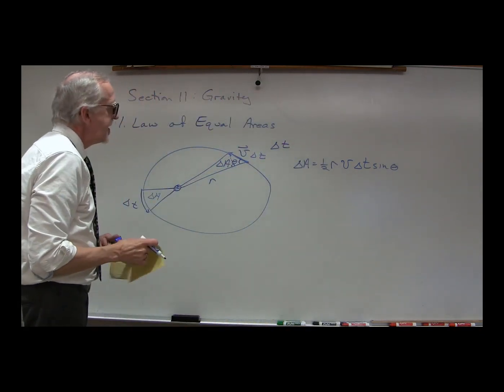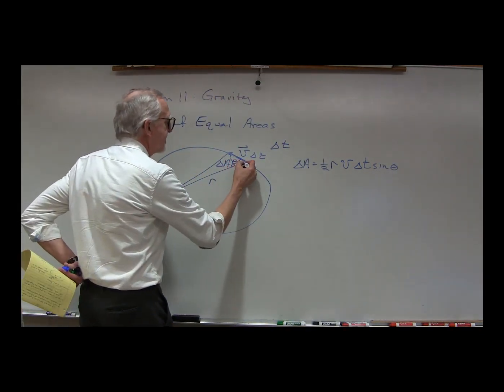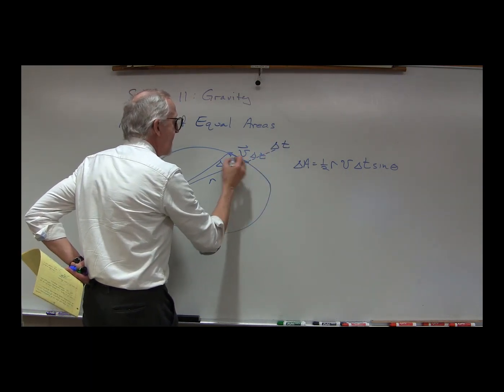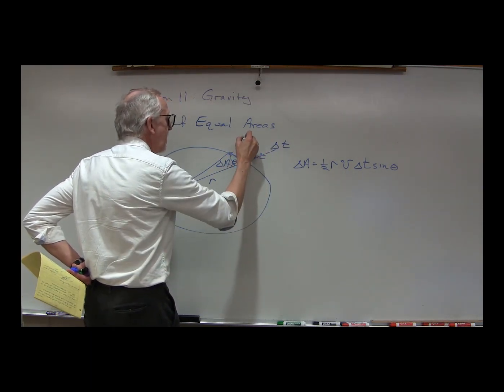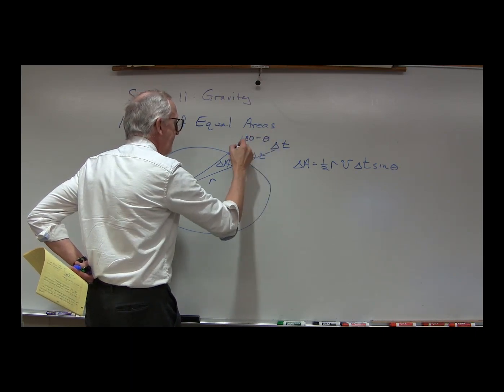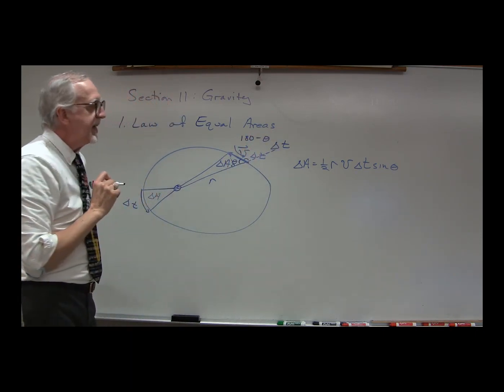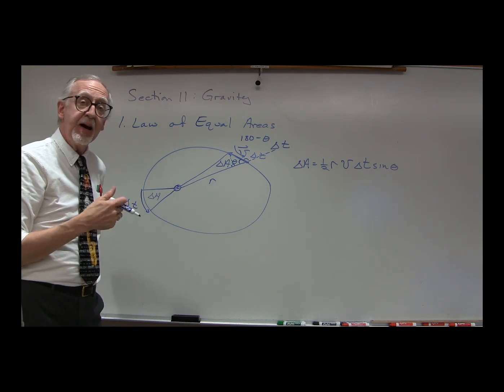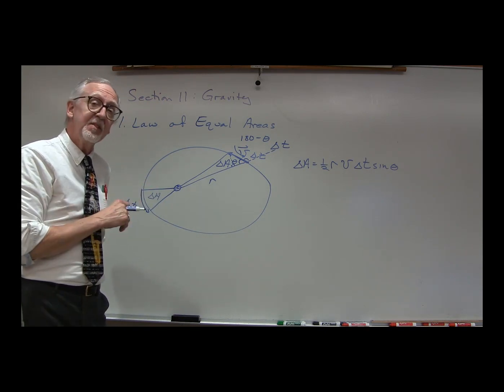Now let's just think about this. If we extend this here, that angle theta, this angle would be 180 minus theta. But if we take the sine of 180 minus theta, we get the same as the sine of theta.